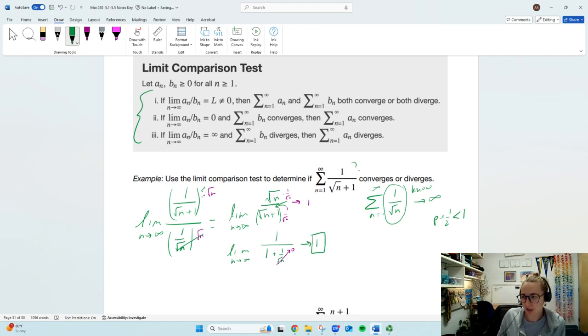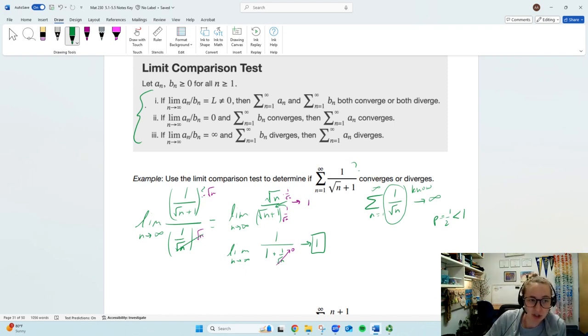So what does this actually show me? I put a function on the bottom that I know is divergent, which means it's going to go to infinity. And if the top part was convergent, I would have a number over infinity, and it would equal 0. But I have something that doesn't equal 0, so I know that my top function can't actually converge.